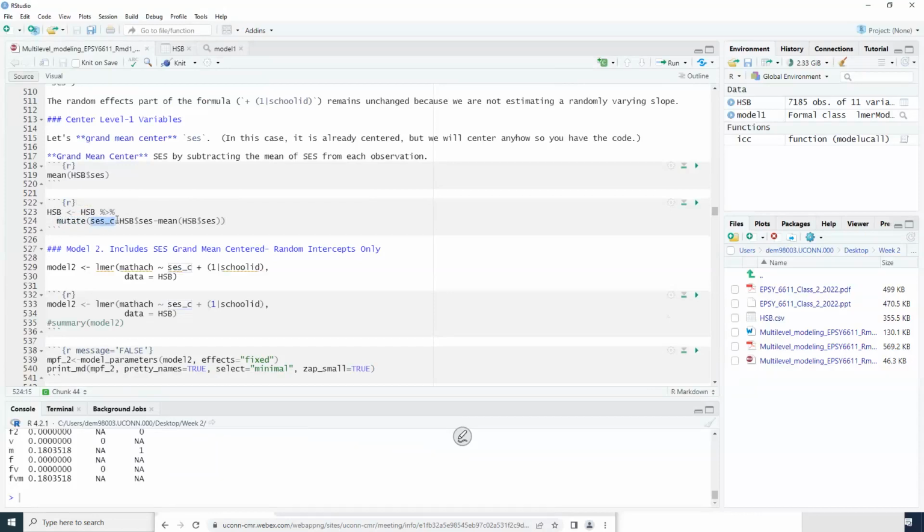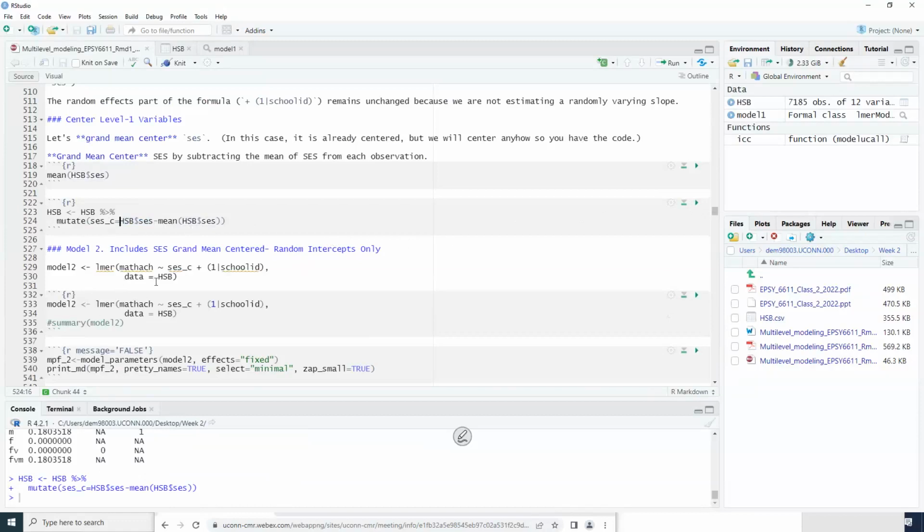That's the mutation, if you will. I'm going to create SES_C, centered SES, by taking SES from the HSB data set minus the mean of SES in the HSB data set. And when I run that, I get a grand mean centered variable.